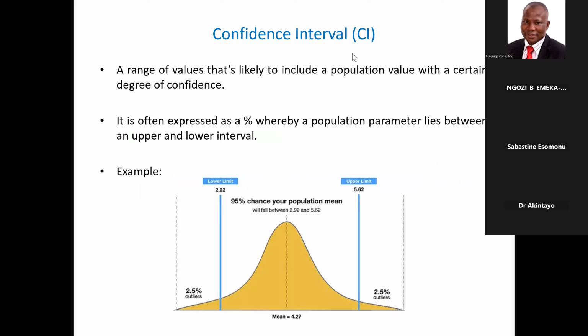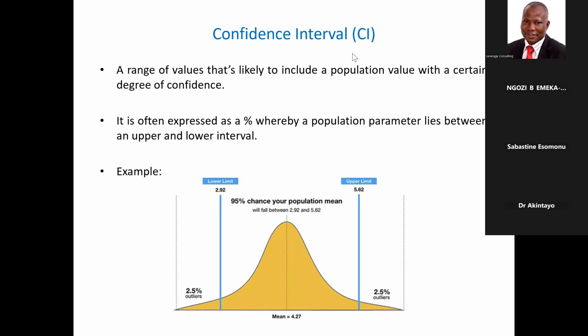Look at this diagram now. You have the mean to be 4.28. The lower level is 2.92. The upper is 5.62.